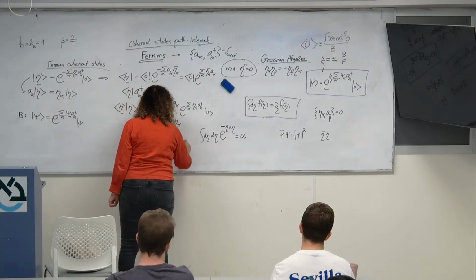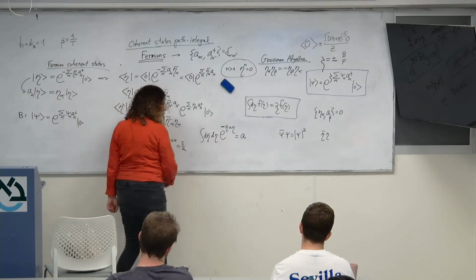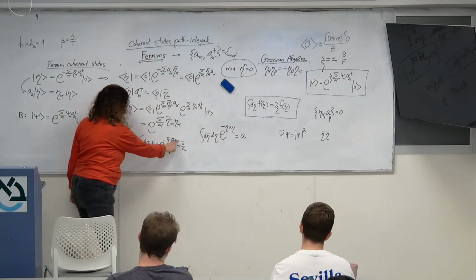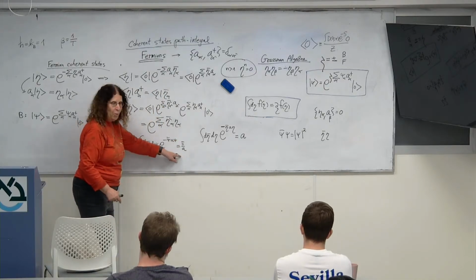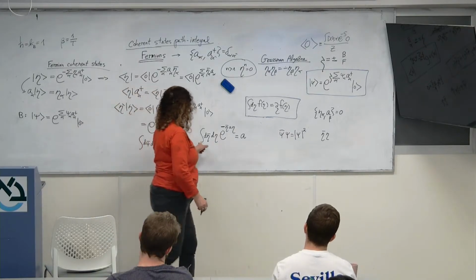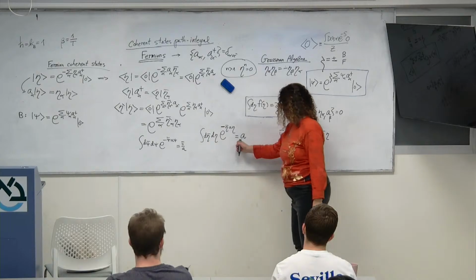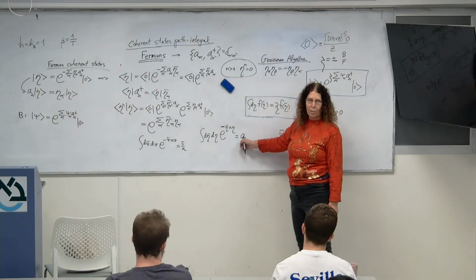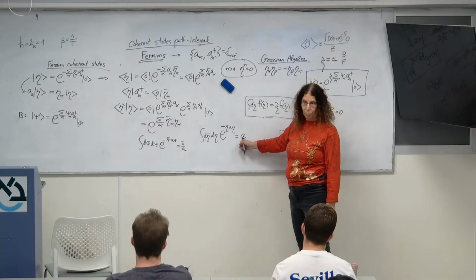This is equal to pi over a. If I drop the pi, I get 1 over a. For Grassmann variables, it gives you a in the numerator, not the denominator. Okay?